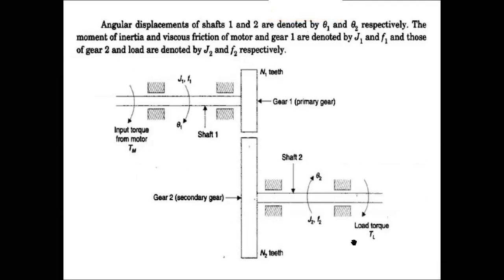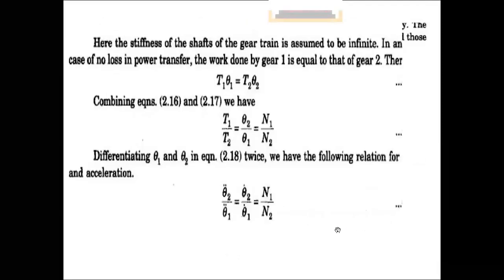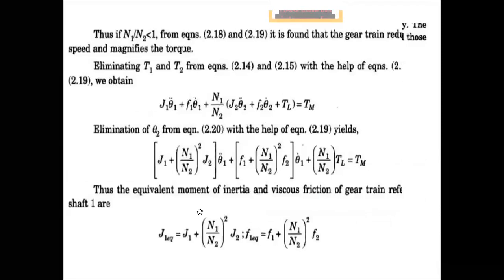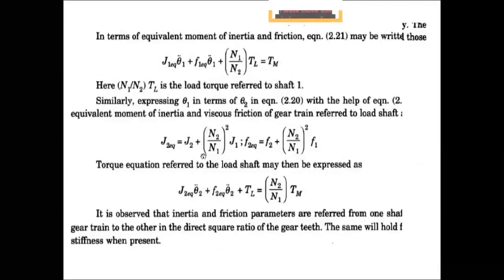So you will be having the sum of the torques. That's how you are having this J2 equivalent as J2 plus the moment of inertia transferred from the first one to the second one. Similarly, damping also will be transferred from the primary shaft to the secondary shaft.